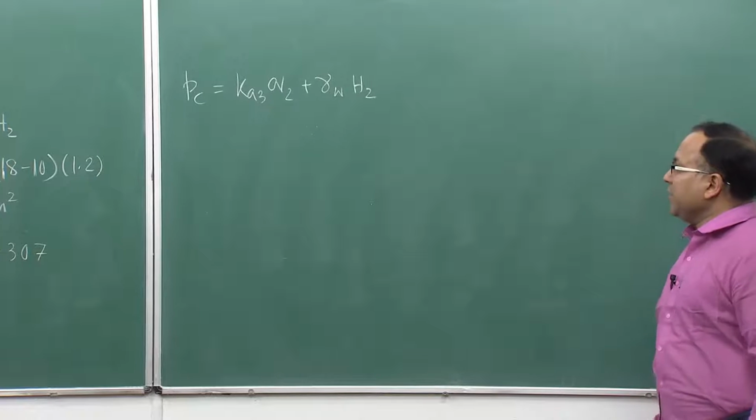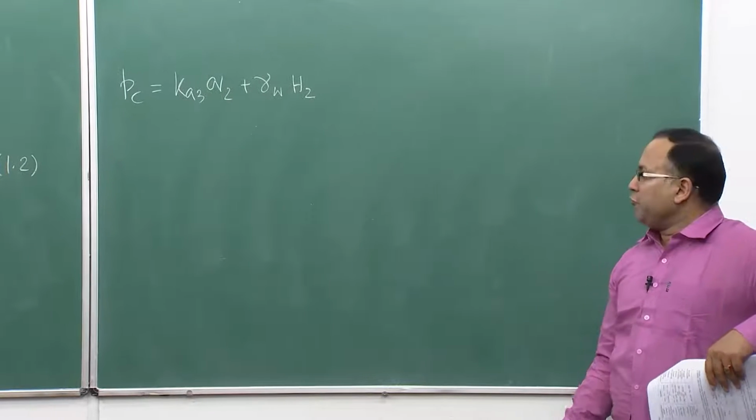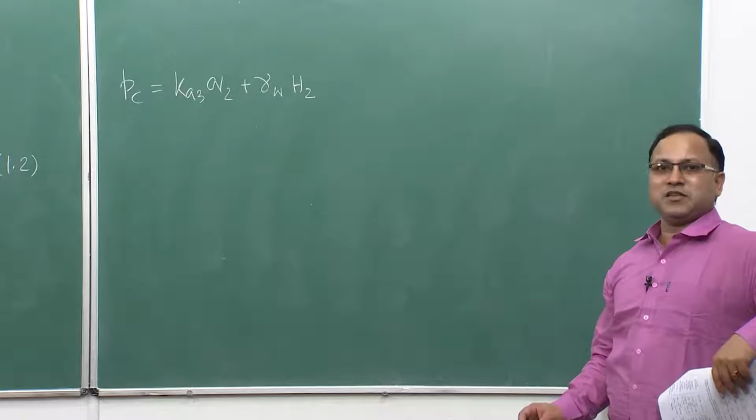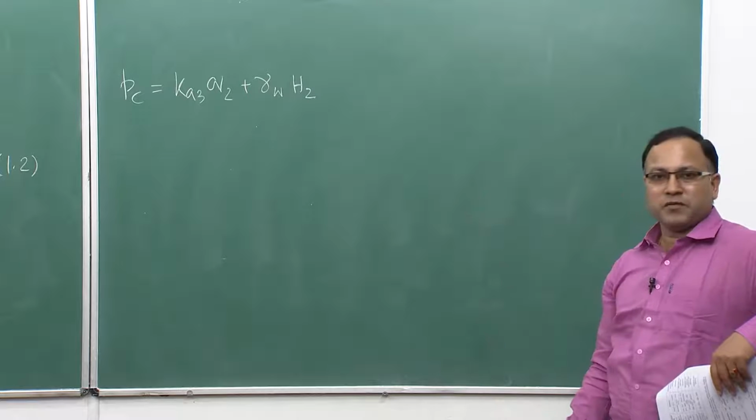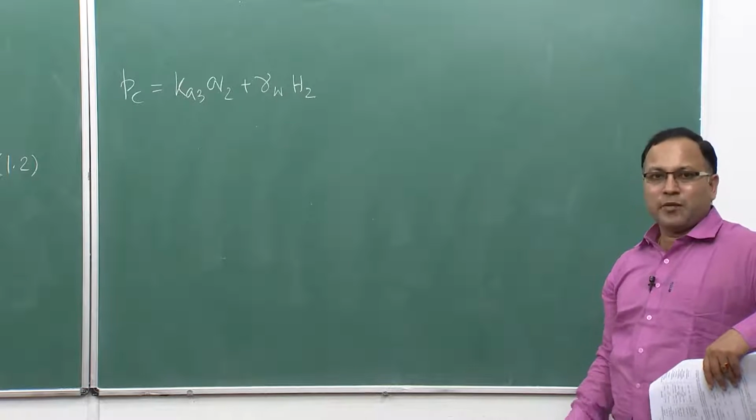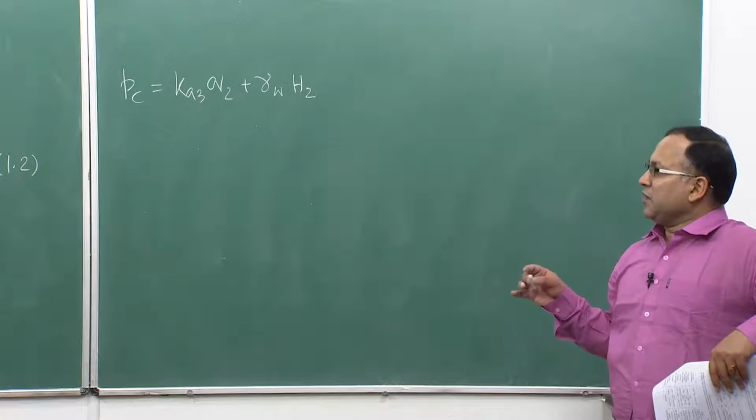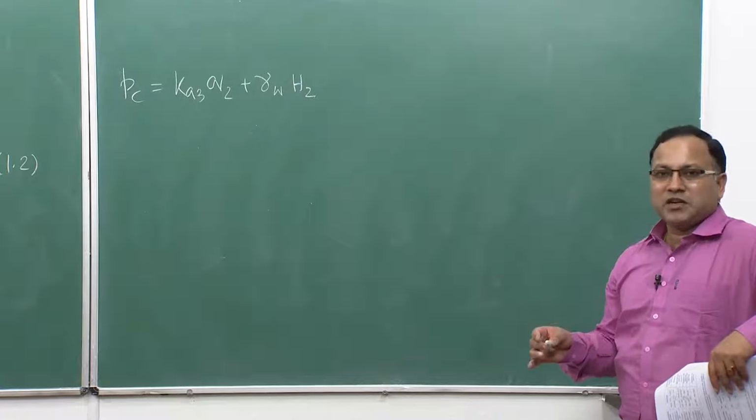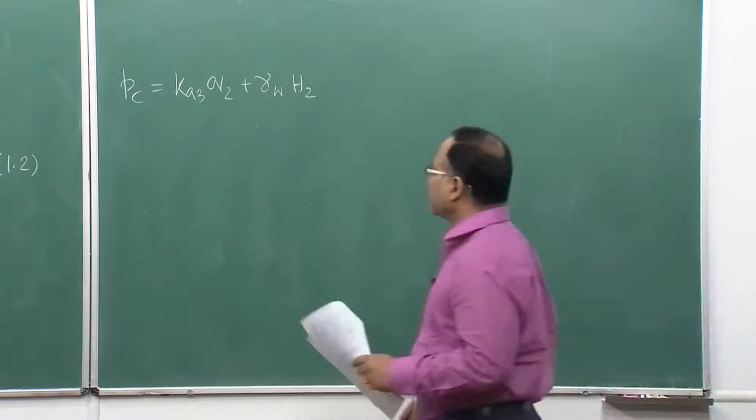Okay. So, Ka3 into Q2, that will be the lateral pressure due to the uniform equivalent surcharge, whatever you have calculated just now, plus gamma W into H2 will be nothing but the water pressure at that level. Okay.